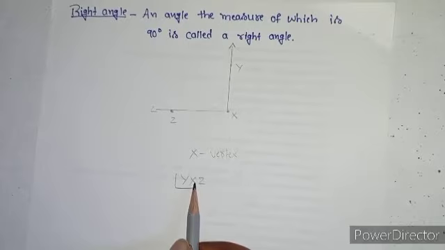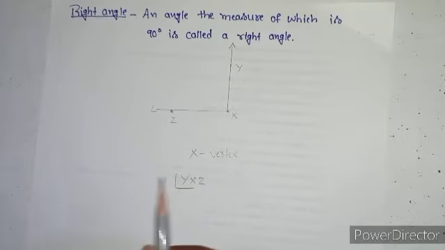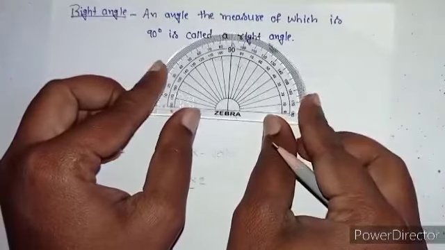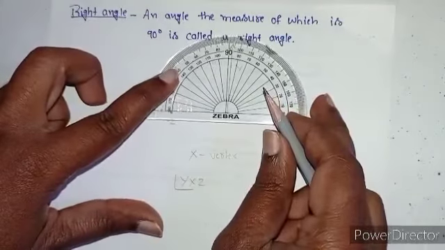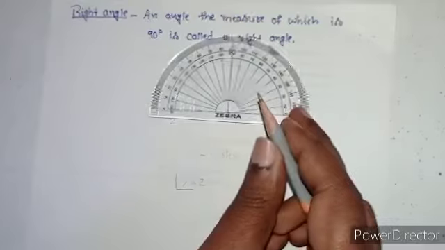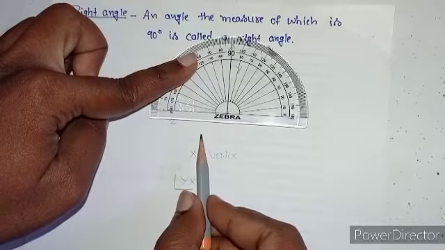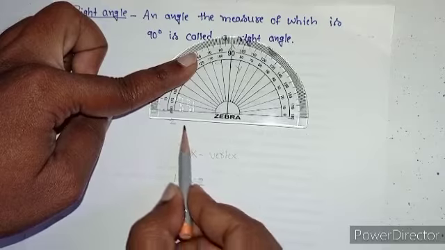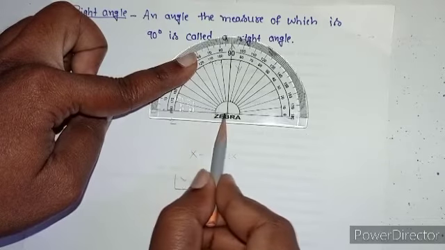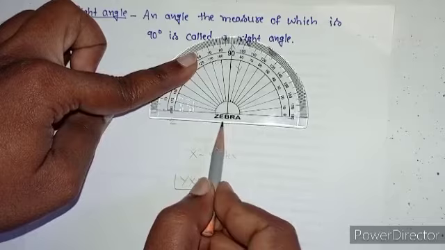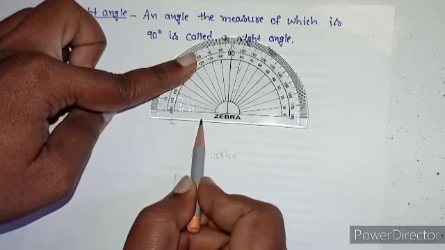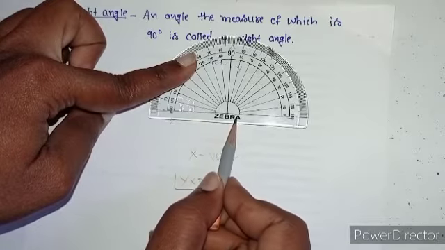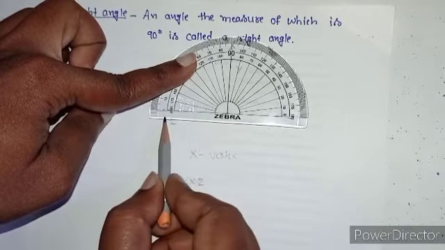Next I am going to measure the angle. First place the center point of the protractor on the vertex X here. Next adjust the protractor in such a way that the base line coincides with the arm XZ. Next check the scale where the base arm points to 0 degree.